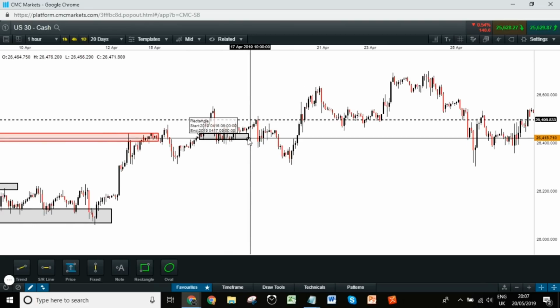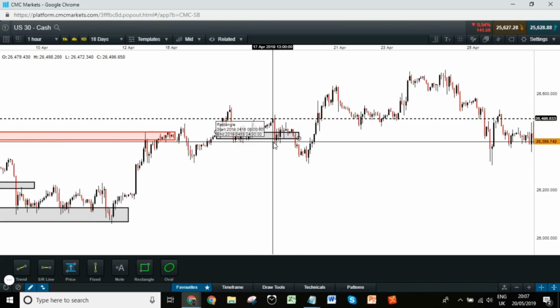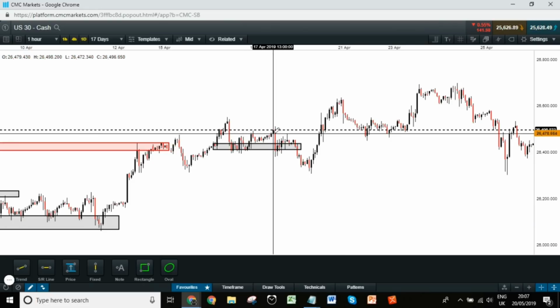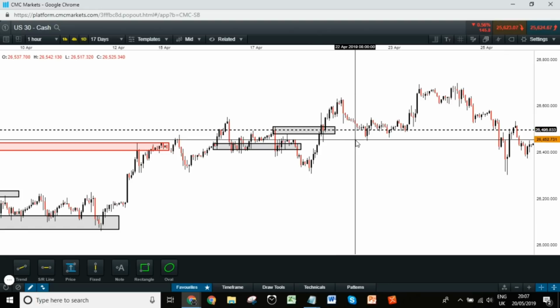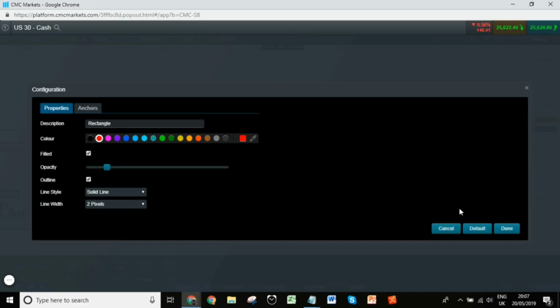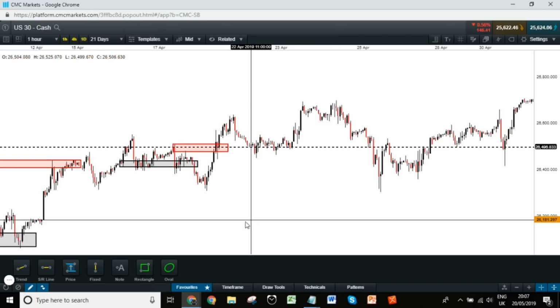Let's move this over a little bit more. And now we've got a big break, right? So we'll be looking for a trigger event here. Boom, market smashes straight through it again, right? That would have been another loss, okay?